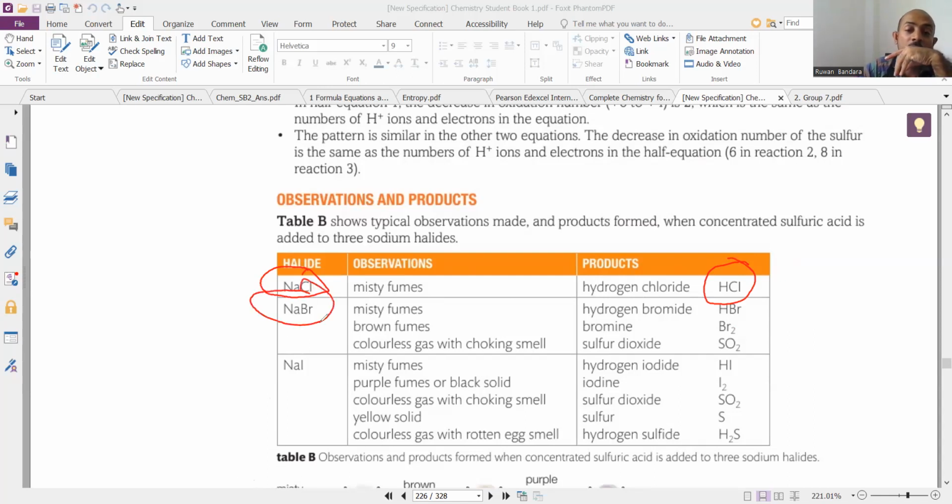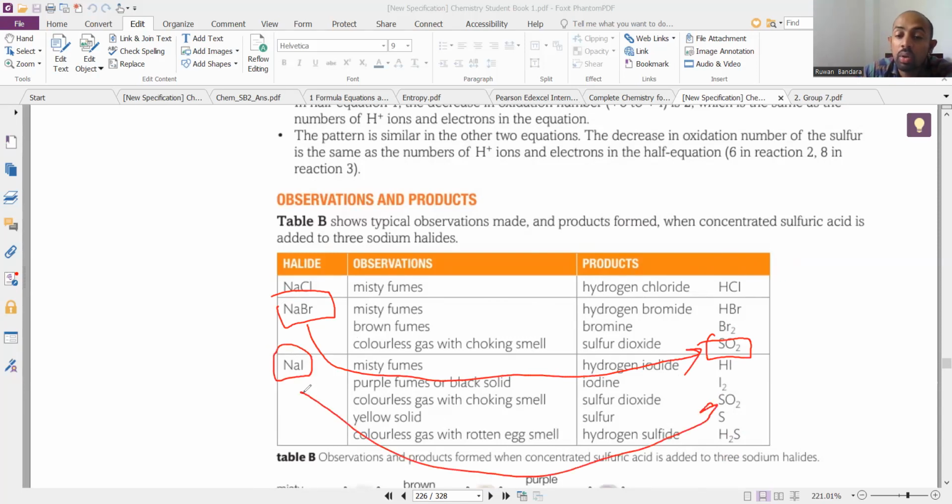But with sodium bromide, you have sulfur dioxide as the reduction product of sulfuric acid. With sodium iodide, you have sulfur dioxide, sulfur, and hydrogen sulfide. That means sodium bromide will produce sulfur dioxide, but sodium iodide can produce all three reduction products. Is this clear?